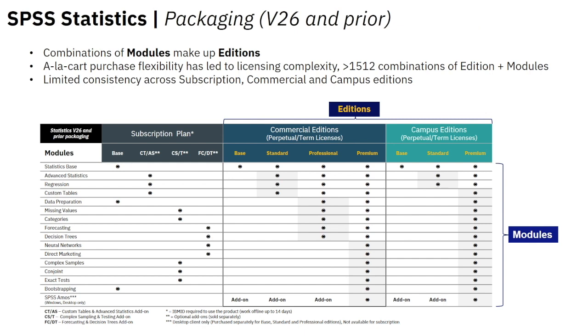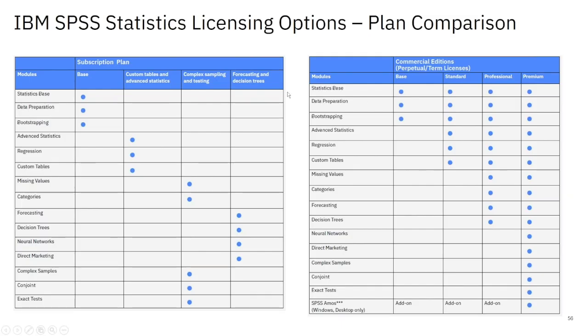However, with the new version of SPSS as of version 27, IBM is restricting the purchase of SPSS only to the editions. I think that might actually be a better screen for me to show that. So to show you that, you'll see the base. There's obviously the base, the standard, the professional, and the premium, right? So before, you could buy any of those different modules by themselves.